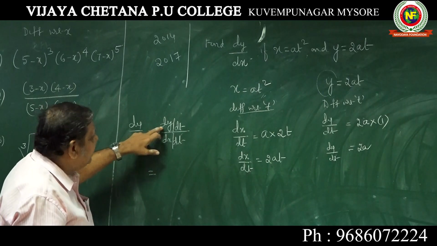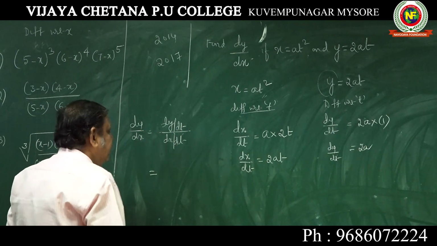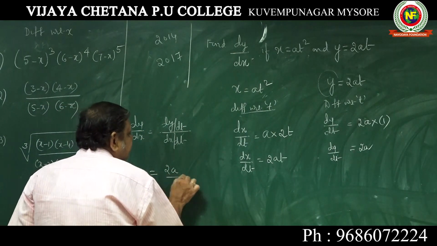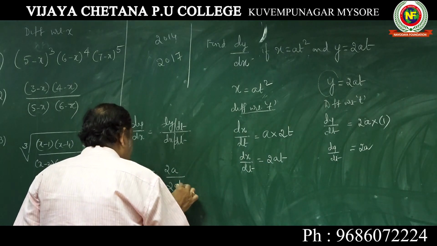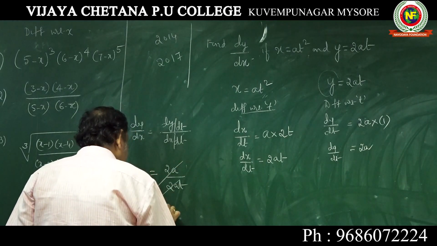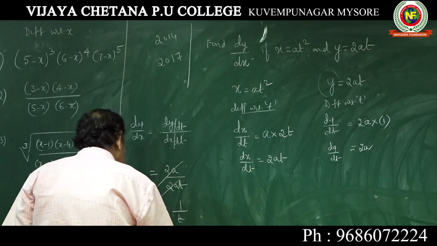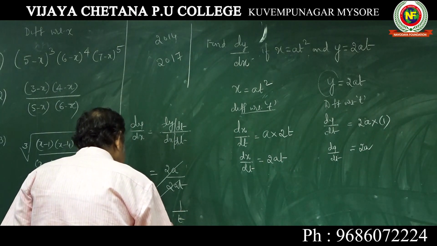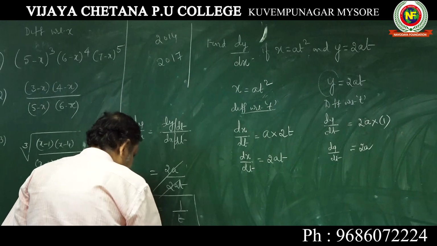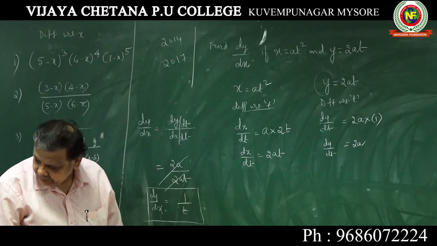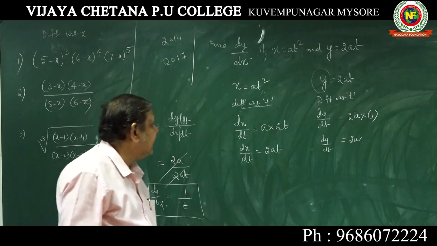It is wrong. Dy by dt by dx by dt is 2a by 2at. Once 2a cancels, it is 1 by t. Answer is dy by dx equals 1 by t.